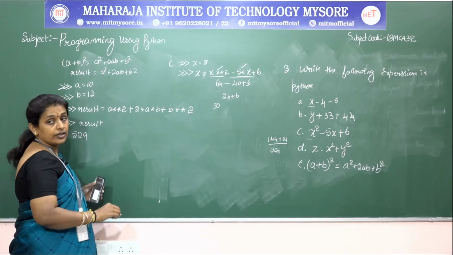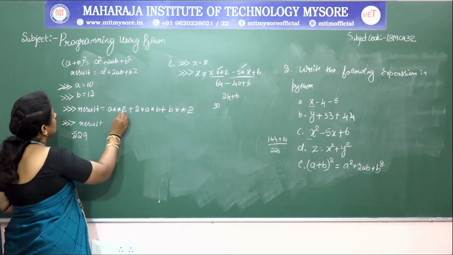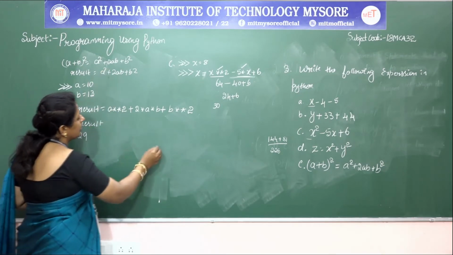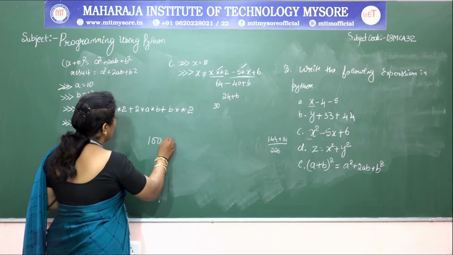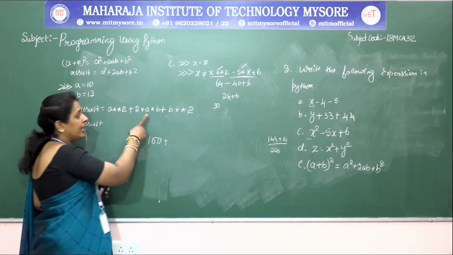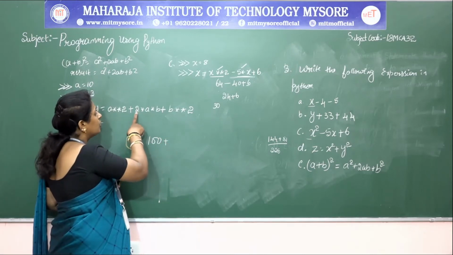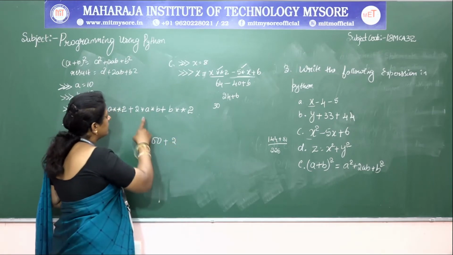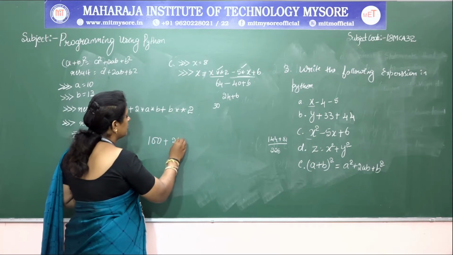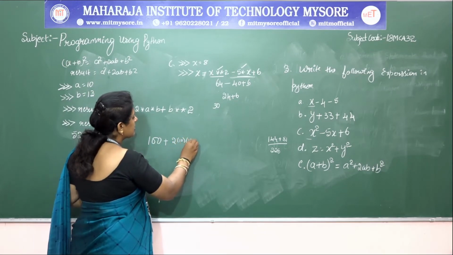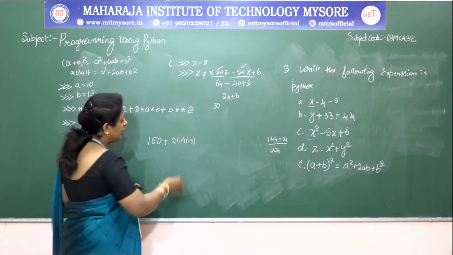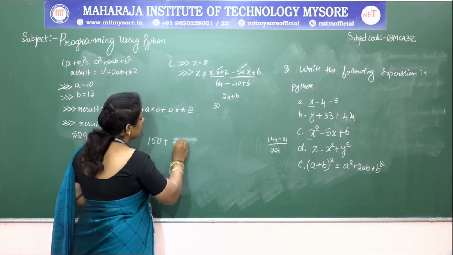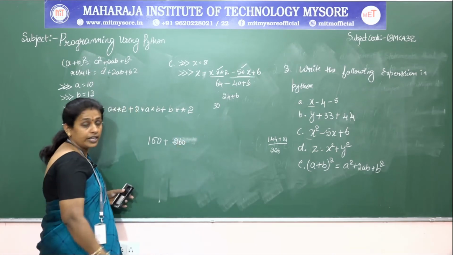The output is 529. a power 2, or a square, gives 100, plus 2 multiplied by a and b. With a as 10 and b as 13, 2 times 10 times 13 gives 260.